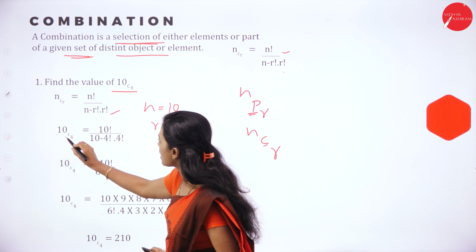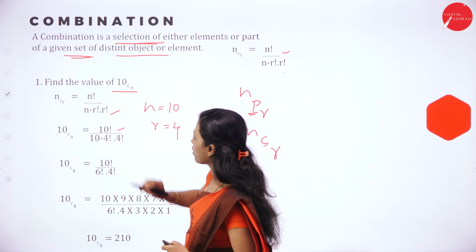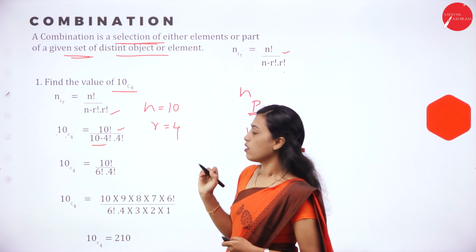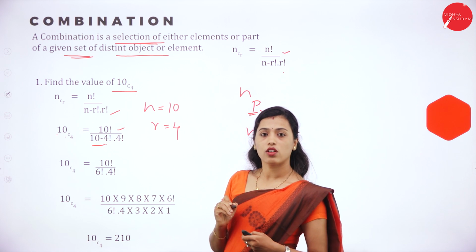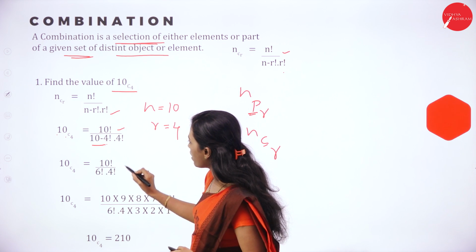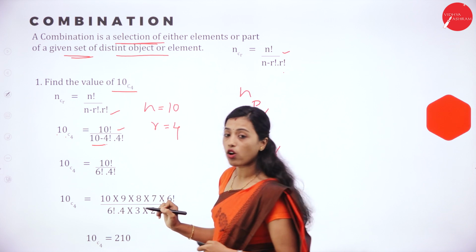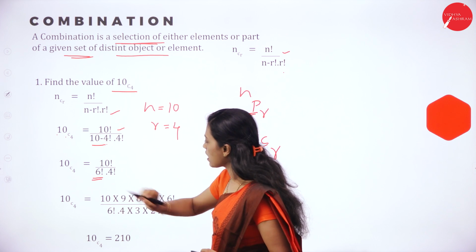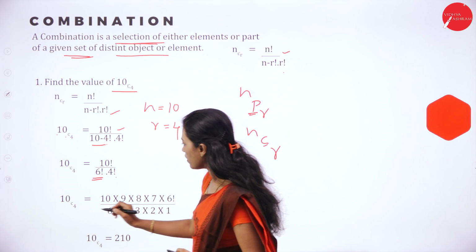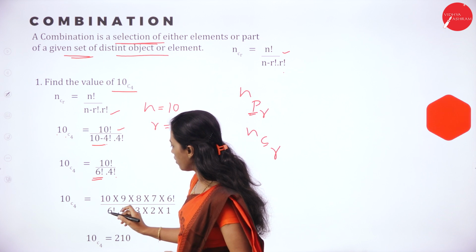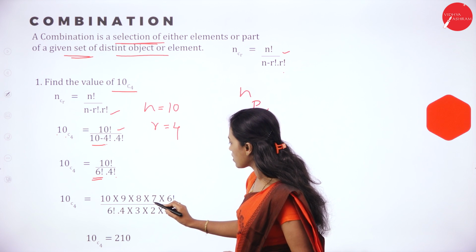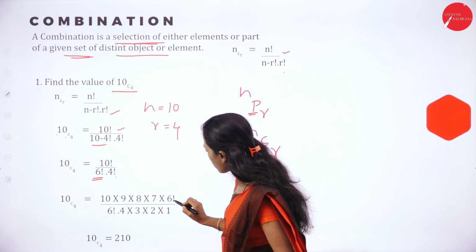So 10C4 is equal to 10 factorial divided by 10 minus 4, that is 6 factorial, into 4 factorial. 10 factorial means 10 into 9 into 8 into 7 into 6 factorial.